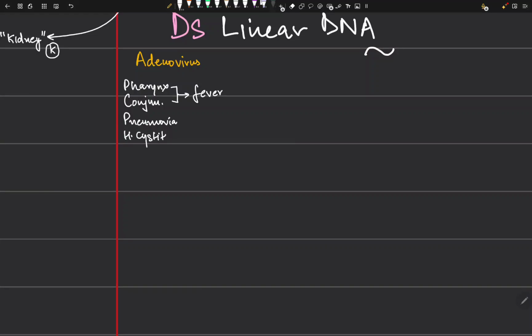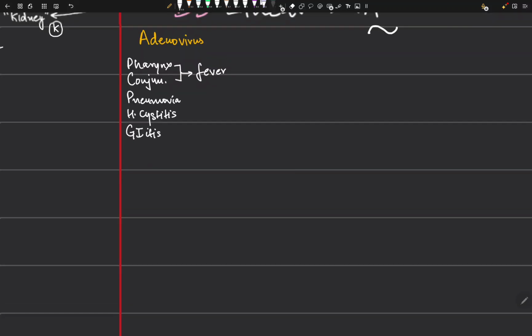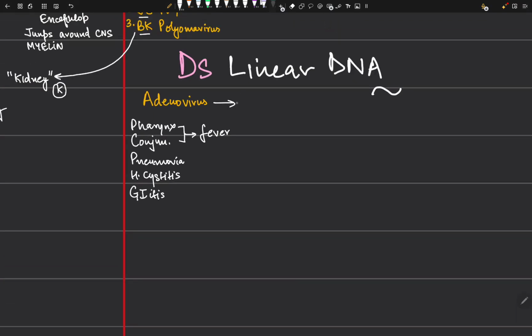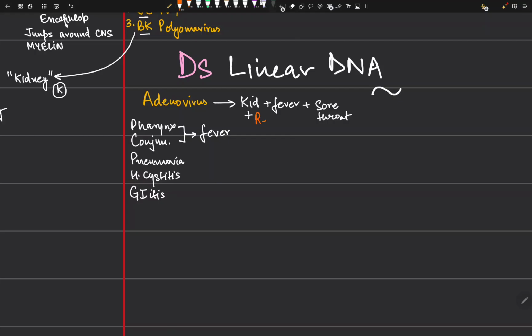Gastroenteritis. Now the usual vignette is gonna be a kid with fever, sore throat, some sort of lung complaint. And very important here is the red eye.